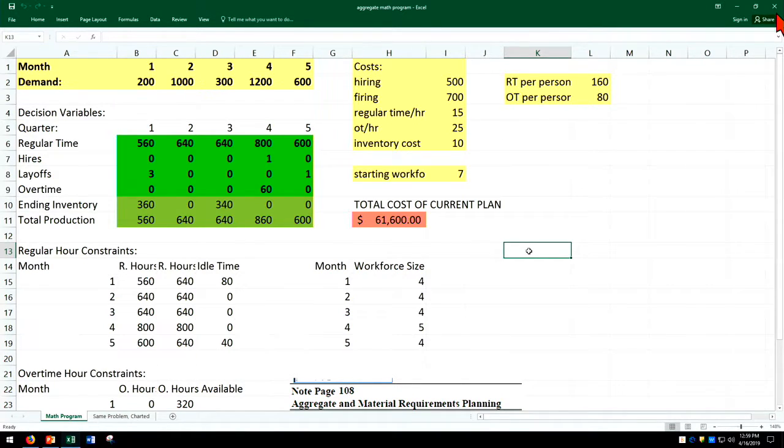New hires, there's one just like last time during the peak period. Oh, but we're really manipulating the workforce, because one of the things it does is layoffs. The first month it reduces our workforce by 3, and then at the beginning of the 5th month it does it again. The total cost of this plan, 61,600. I'm going to switch to the visualizer.